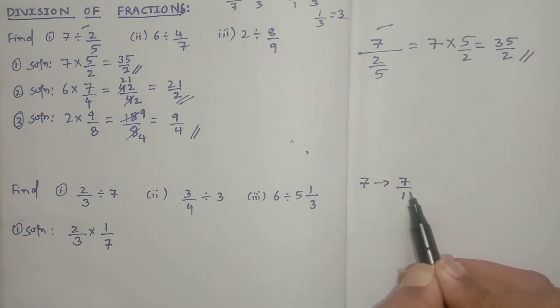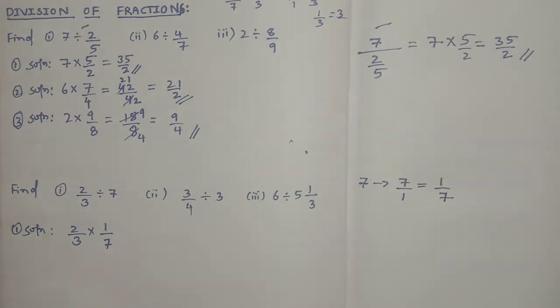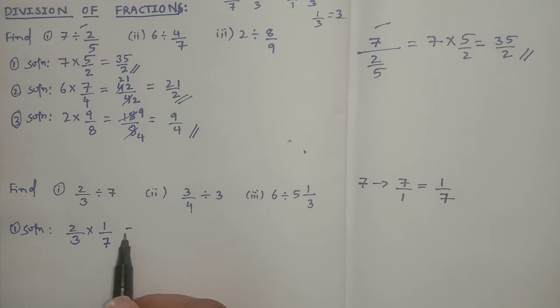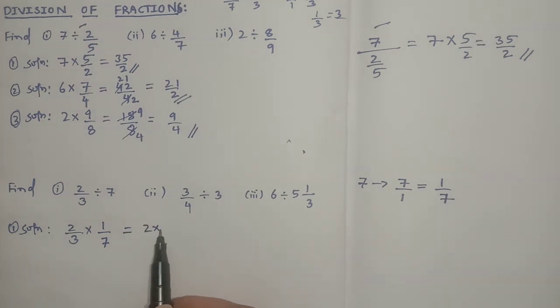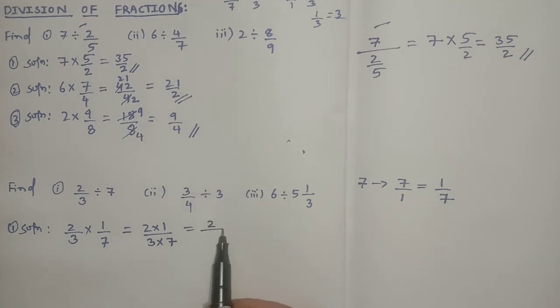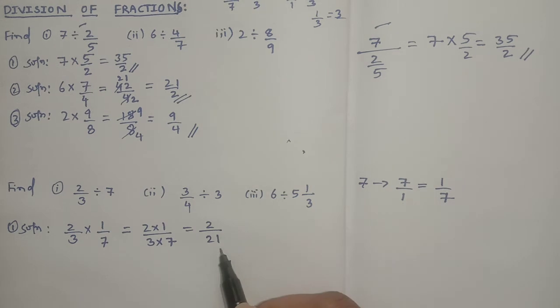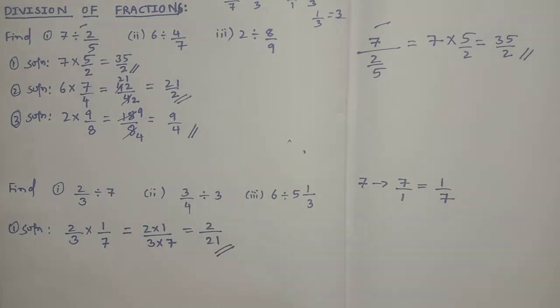So what will be the reciprocal of 7 or 7 by 1? It will be 1 by 7. Now, next step. Numerator into numerator divided by denominator into denominator. 2 1s are 2, 3 7s are 21. This is the answer, student.